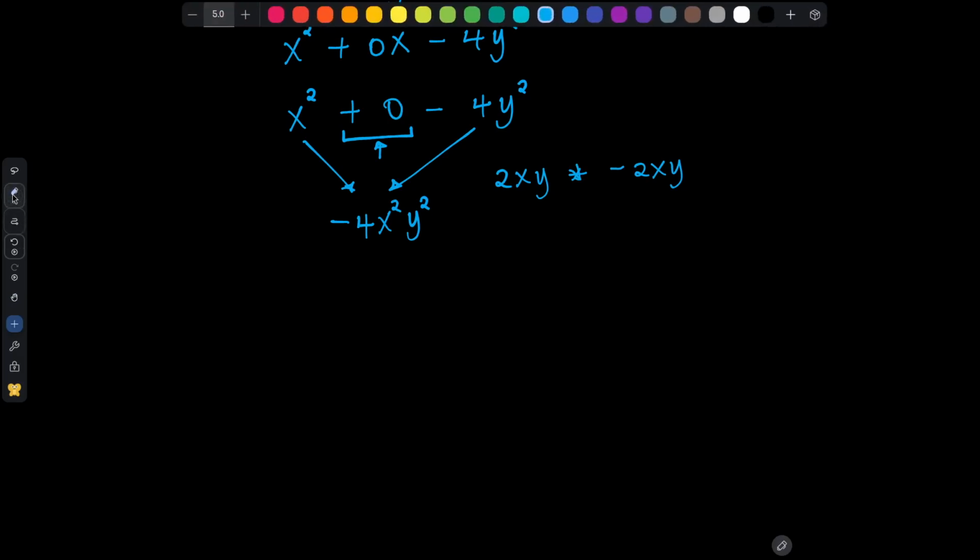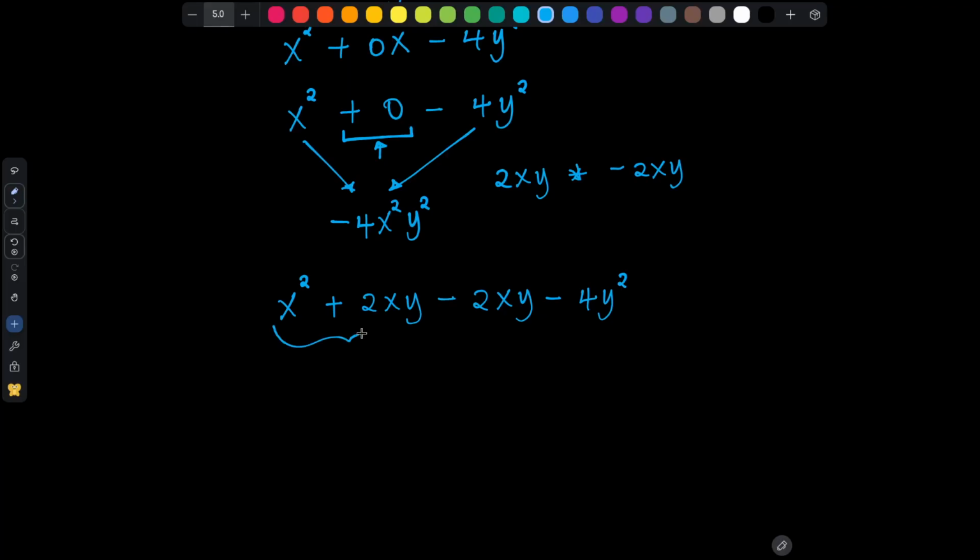So the middle term now becomes 2xy minus 2xy. We have rewritten it, and to its right we still have minus 4y squared, and to the left we have x squared, so the sign for this is plus. Then let's take these terms in pairs.